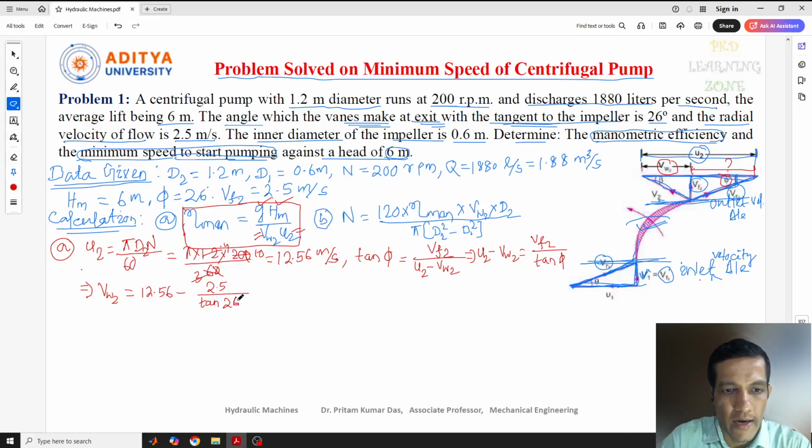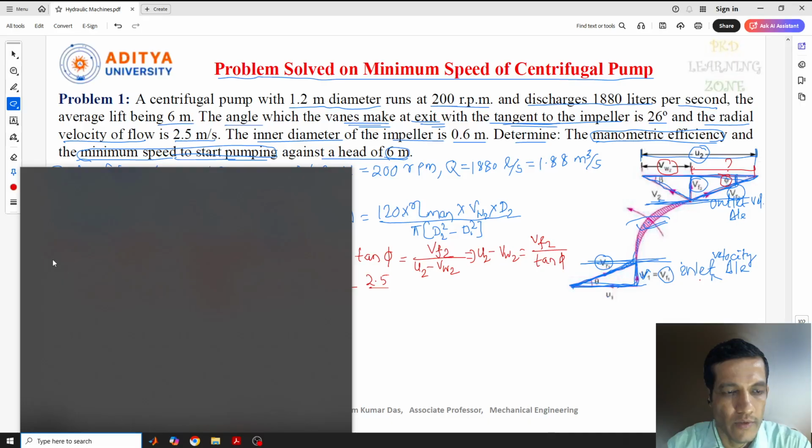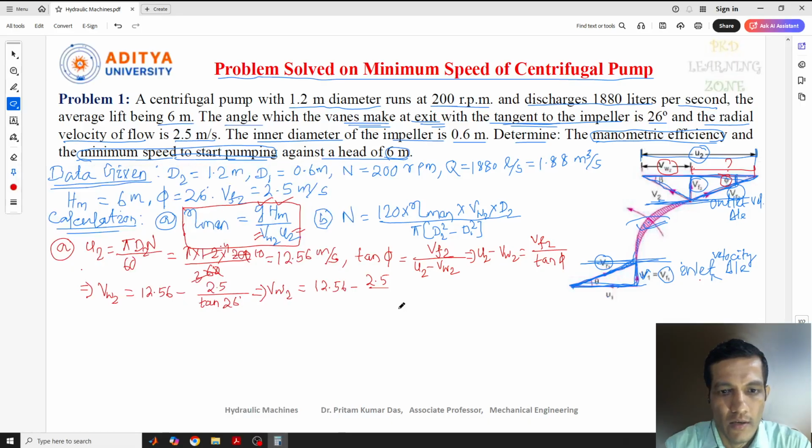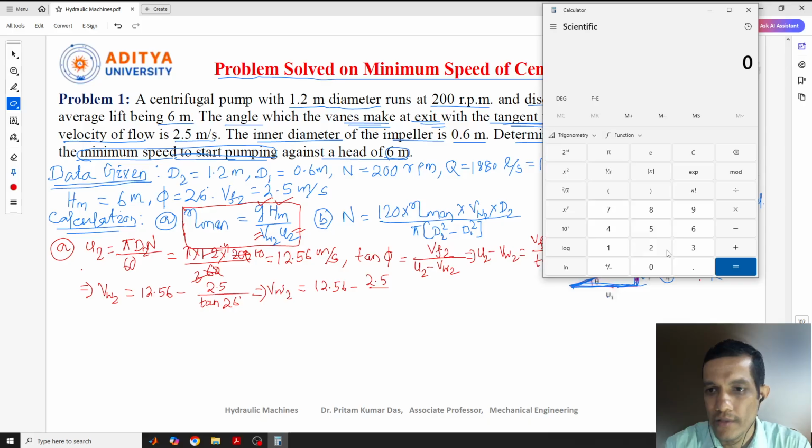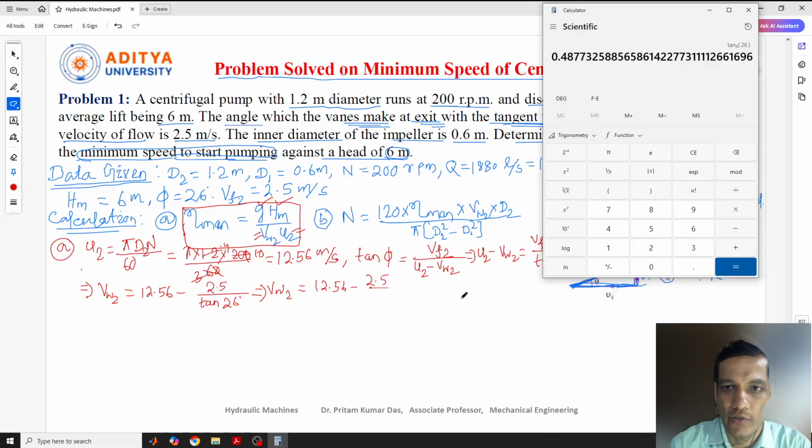I hope it is correct. Now we can find out VW2, which is equal to 12.56 minus 2.5 divided by tan 26 degrees. We can calculate that with the help of the calculator. The trigonometric value of tan 26 is 0.487.